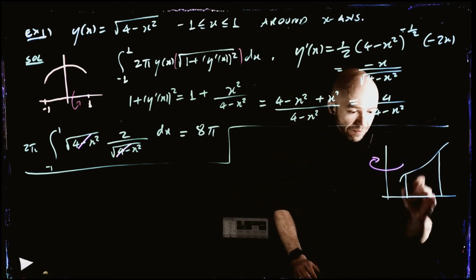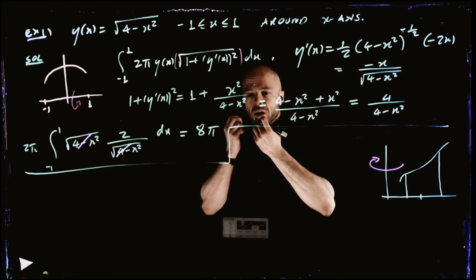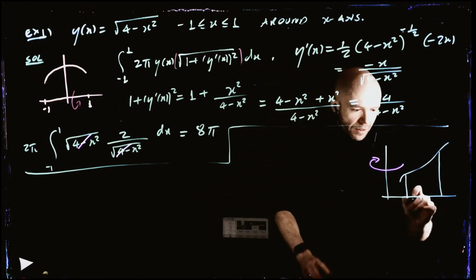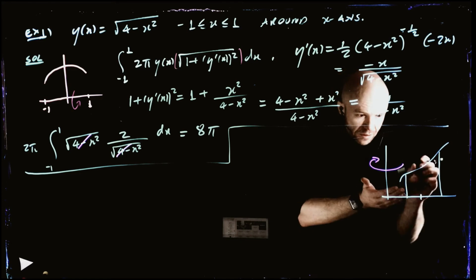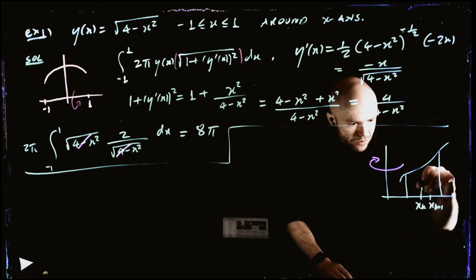And we can actually do it, and it's a very similar procedure. This time I'm not going to go into full details. I'm just going to give you some hint. The procedure is always the same. We cut things up into little pieces. So we cut things up into some little strip, say xk to xk plus 1. So we consider this strip like this.